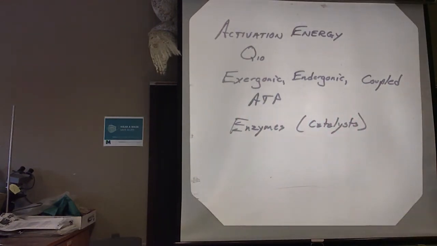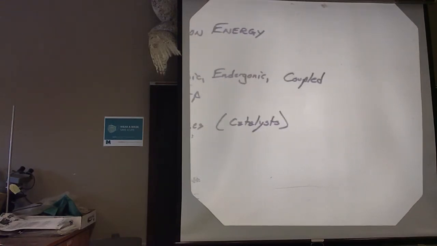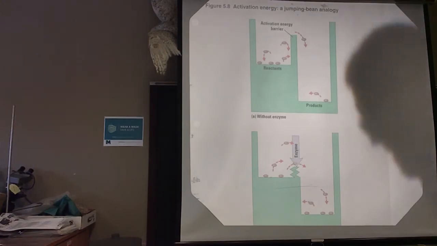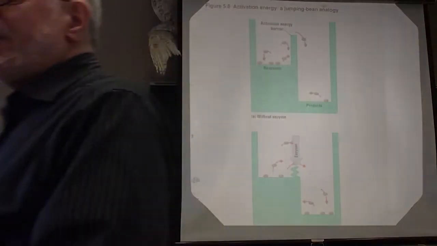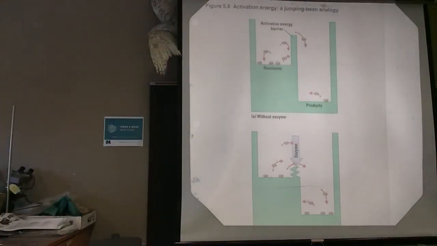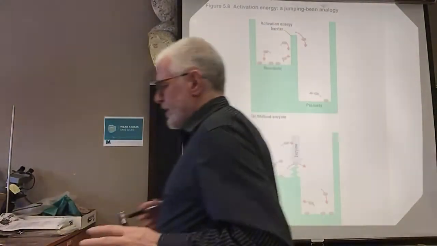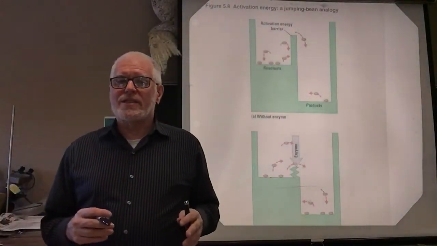Enzymes, organic catalysts. The activation energy needed to get a reaction started is a little hurdle to go over. Then what a catalyst does is it lowers the energy that it takes to get the reaction started.